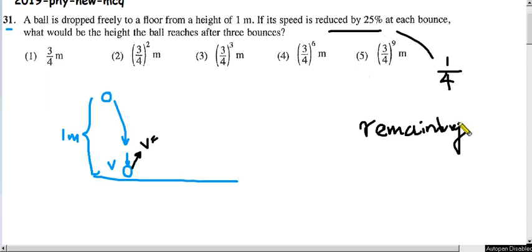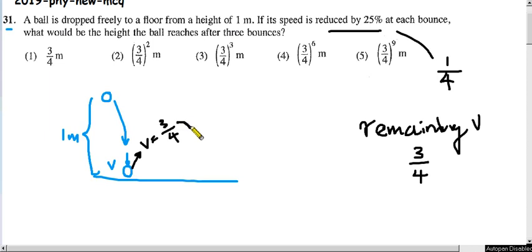What is the remaining velocity? 3/4. 3/4 is the remaining velocity. So initial value is v, so 3/4 of that v is the velocity. So we don't have to write v, we just say 3/4 of the initial velocity. That is the velocity when it bounces for the second time.